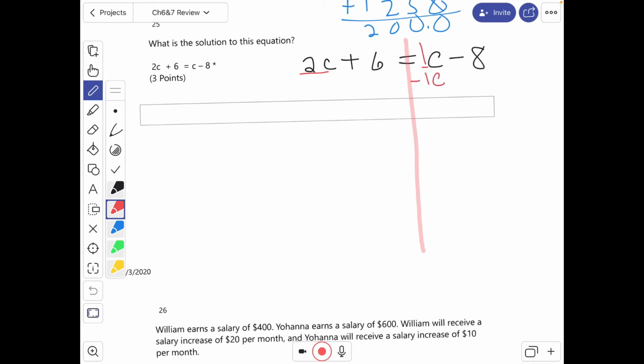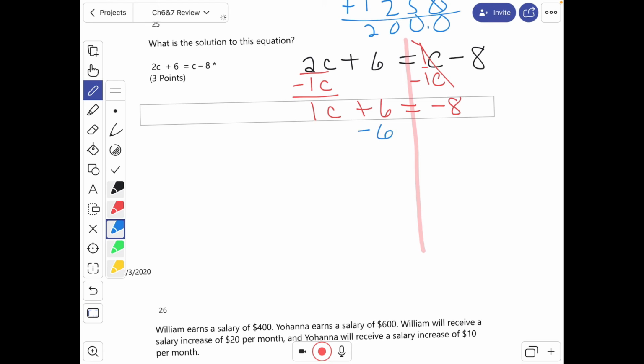So the opposite of a positive 1C is a minus 1C, or a negative 1C. And if I subtract them on the left, that leaves just 1C plus the 6, equal sign straight down. These cancel, and I have negative 8. Next, I want to put the singles together, the constants, so I can get the variable by himself.